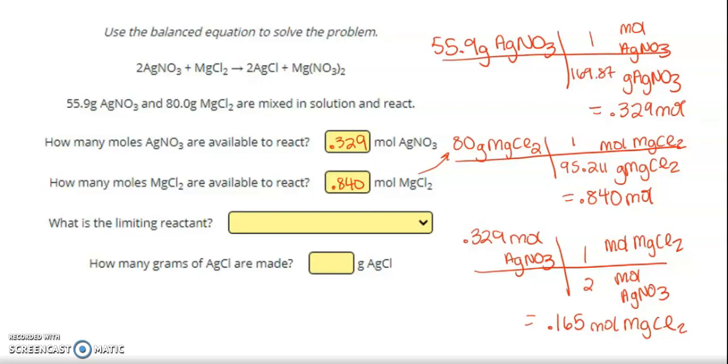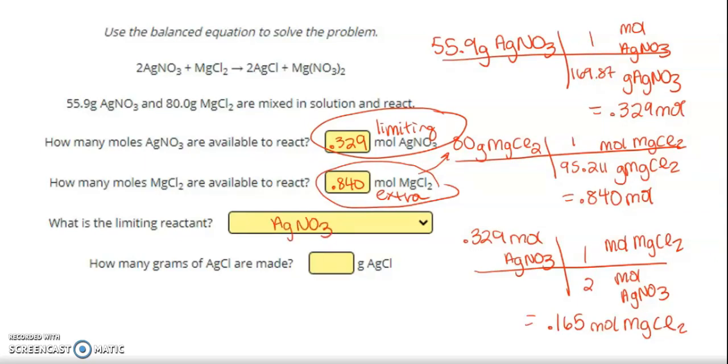Any more than that is going to be extra. So we have 0.84 moles MgCl2, which is extra because you only need 0.165 moles to get rid of all your silver nitrate. All your AgNO3 is going to get used up, so that is the limiting reactant. So AgNO3 is limiting.